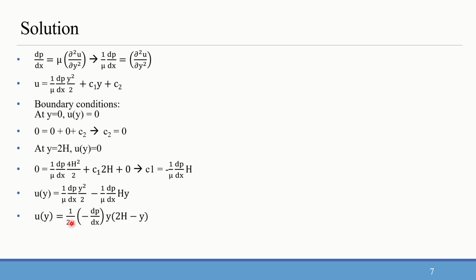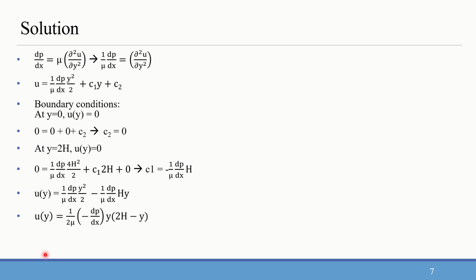Because we are taking 1 by 2 common in the denominator. So u of y equal to 1 by 2 mu into minus of dp by dx into y into 2h minus y. So that is the equation which we will be getting after all the substitutions. So this is the flow governing equation.